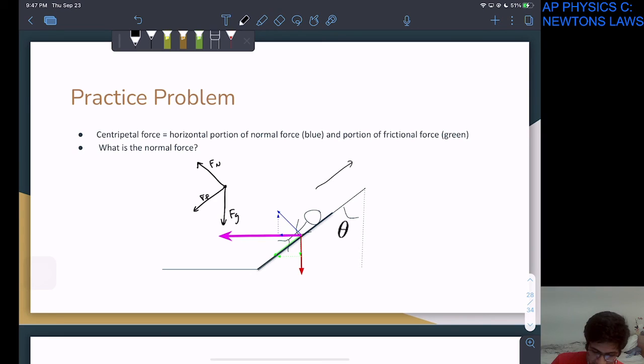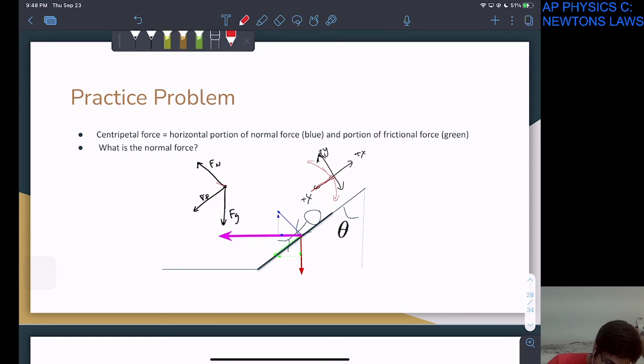We want this to be our x-axis and this to be our y-axis. Which direction? This could be our plus y and our plus x. We could choose it here, or we could choose it here, and we'll see which one is more convenient when we start writing down expressions. Basically, we want to decompose these. Fn doesn't work nicely in our coordinate system right now, and the same with Fg, but our frictional force is along an axis. We want to project our vectors onto the axes.